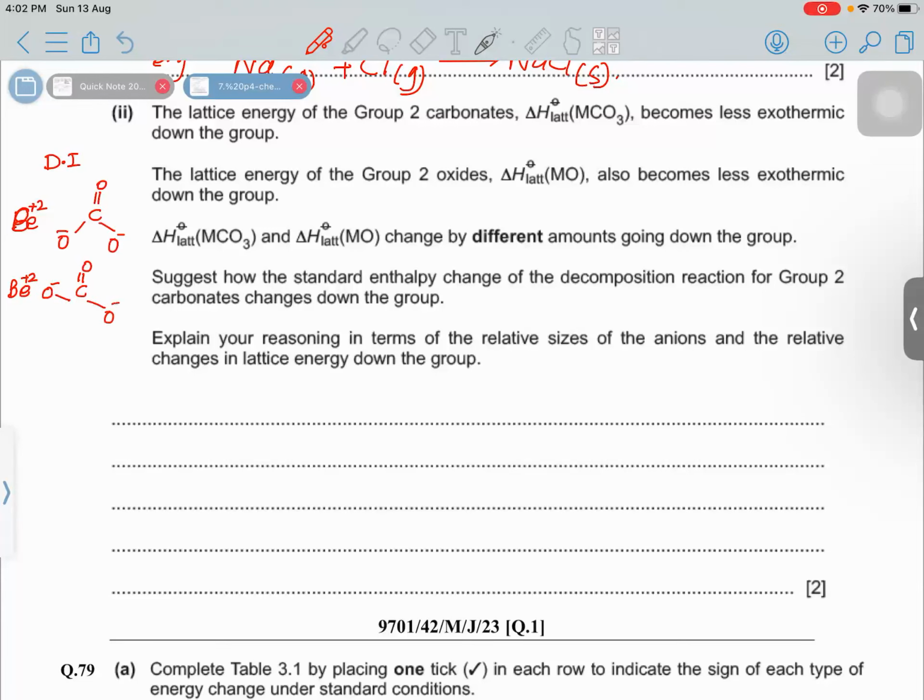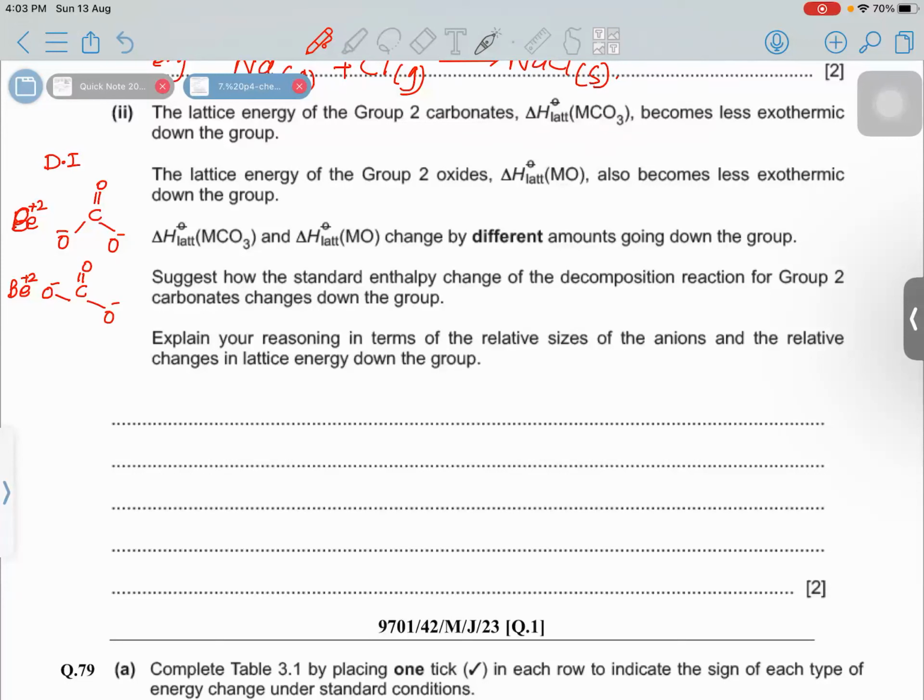Now you can see that the shape of carbonate is changed. This is called distortion. This distortion is due to the polarizing power of cation. Why high polarizing power? Because it is smaller, high charge density. It has more power to attract lone pair. So due to the attraction of positive nucleus, anion is distorted. Now less energy is required.